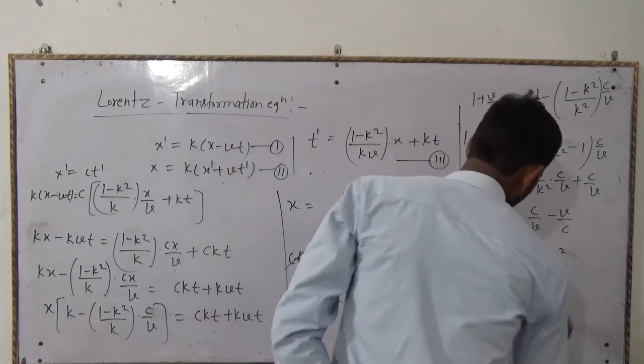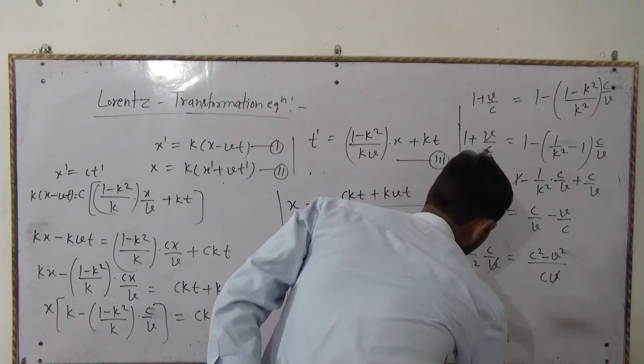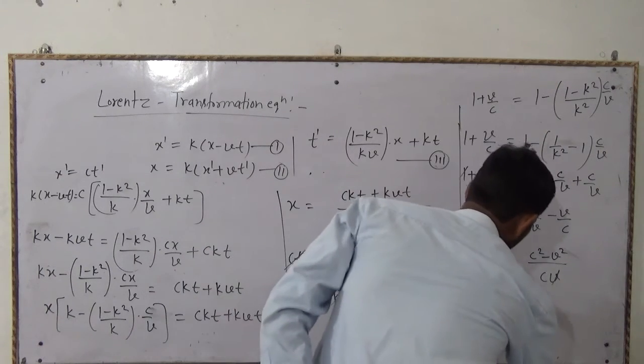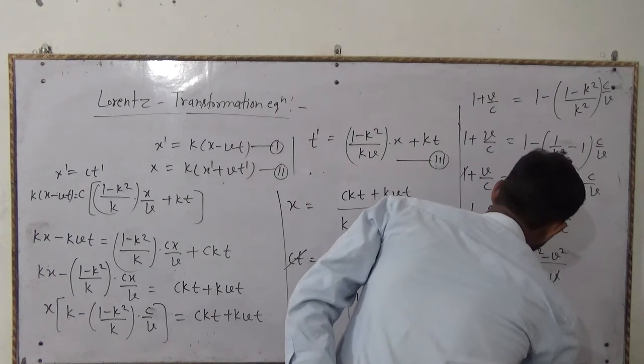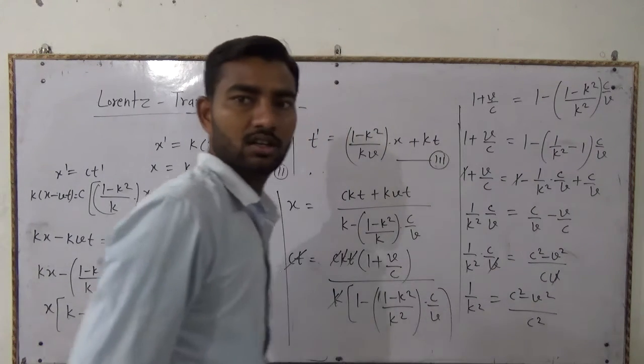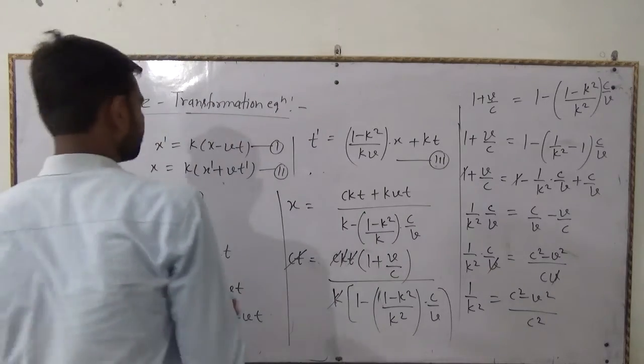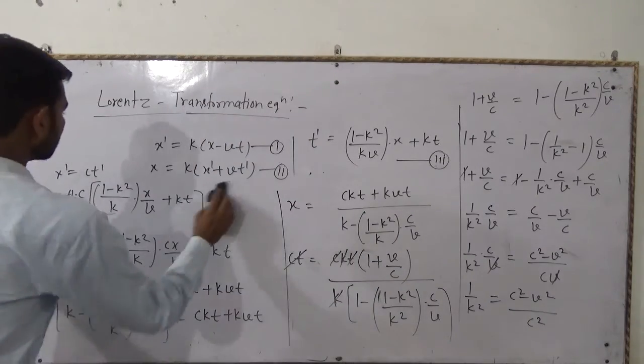Now we can cancel out v and v, and we get 1 by k square is equal to c square minus v square by c square. Now again we will solve it.